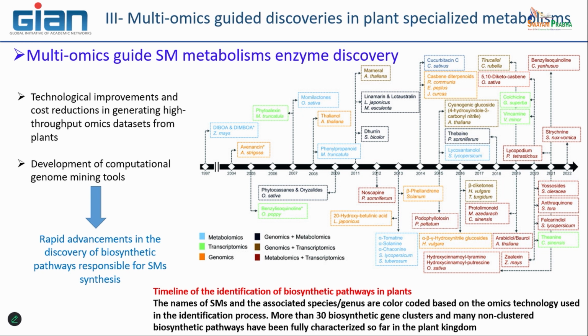But here you have different strategies. Before, for example, metabolomics was used alone to try to decipher some specific genes missing in a metabolic pathway. Or transcriptomics, in green, or genomics, here in orange.